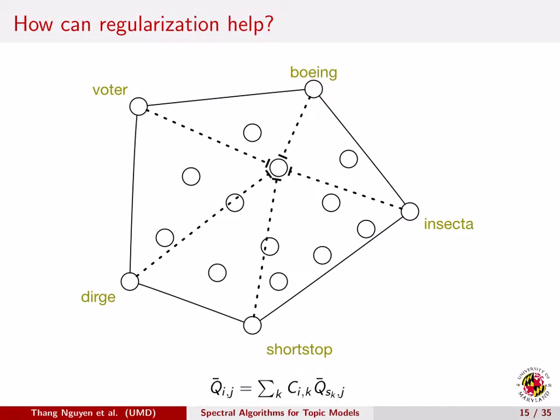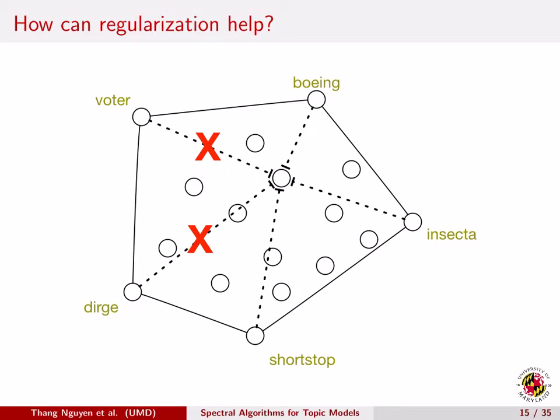So you have to combine up all of your anchor word distributions to approximate as best you can what's going on with the word fly. And where regularization can help is that, hey, you don't want to use that many anchor words to explain a particular word's context. All else being equal, you should use only as many as you need.